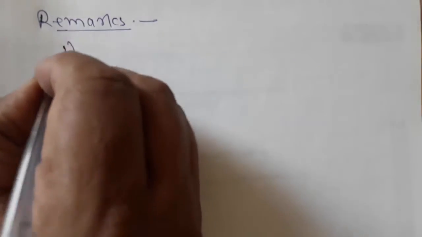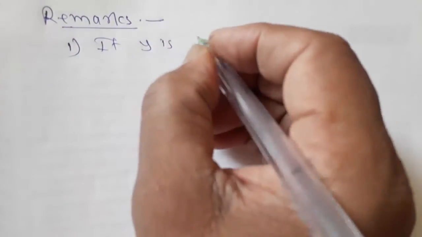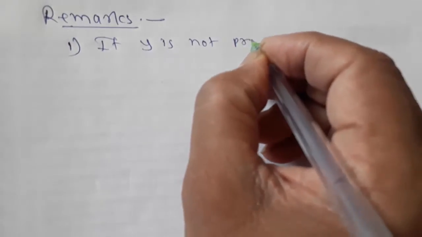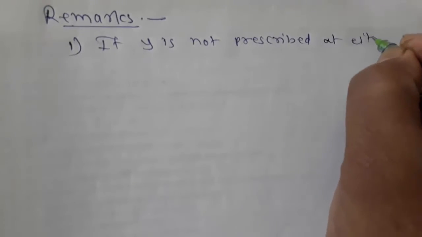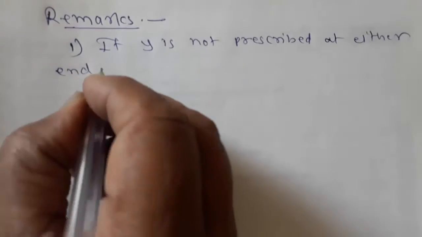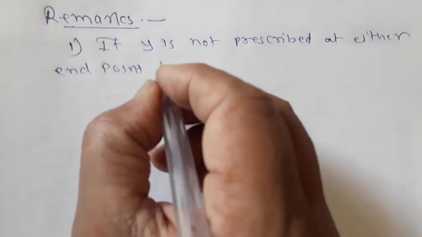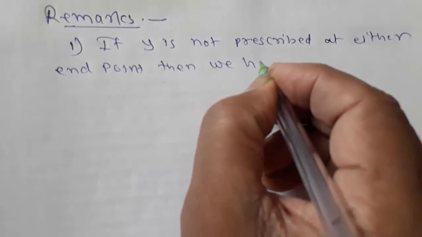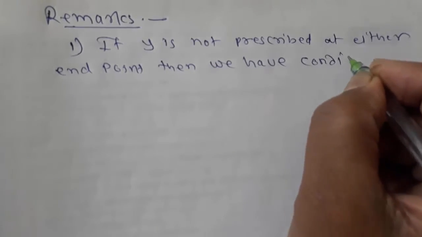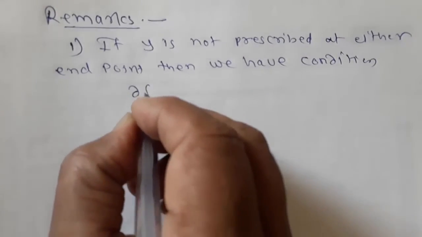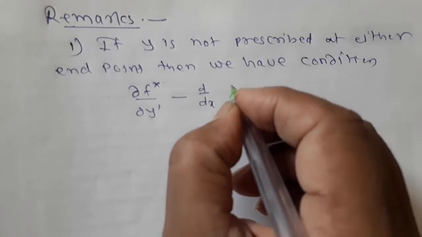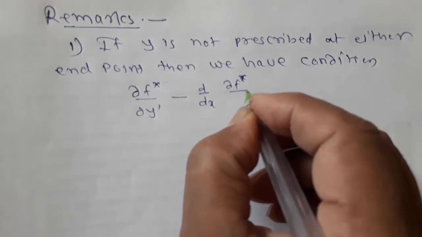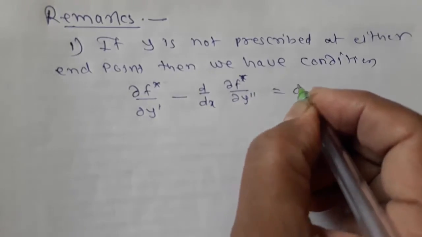On this theorem, if y is not prescribed at either endpoint, then we have the condition dou f star by dou y dash minus d by dx of dou f star by dou y double dash equal to 0.